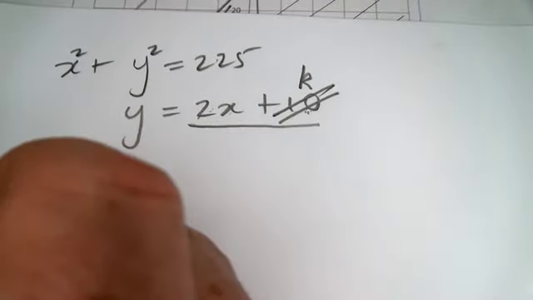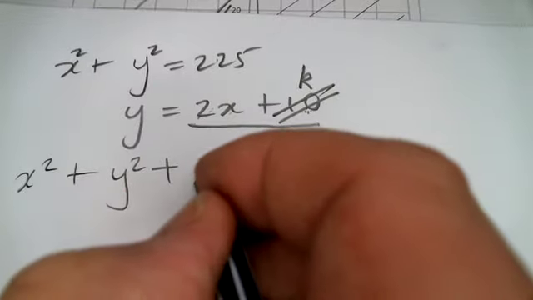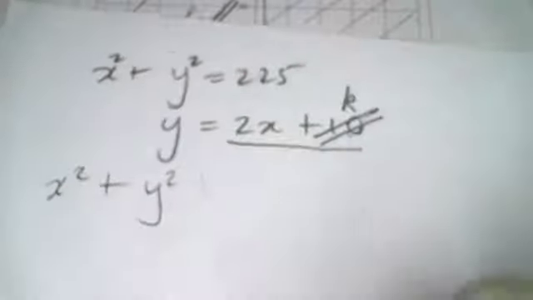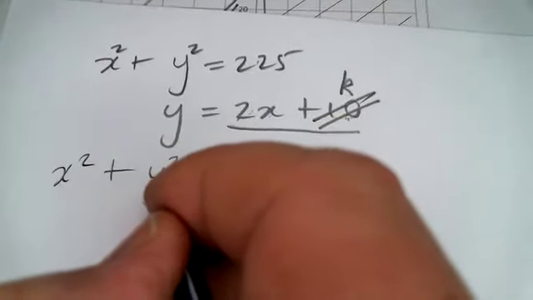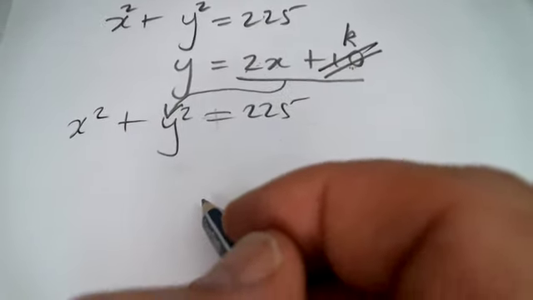Let's see, I've got x squared plus y squared, sorry, my bad. Like all these things, I'm doing it off the top of my head a bit. So 225. And this y squared, I'm going to now insert this bit into the y squared here. So let's rewrite that now.